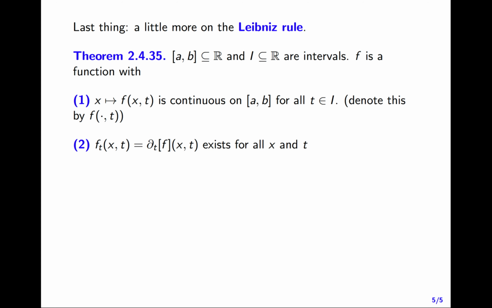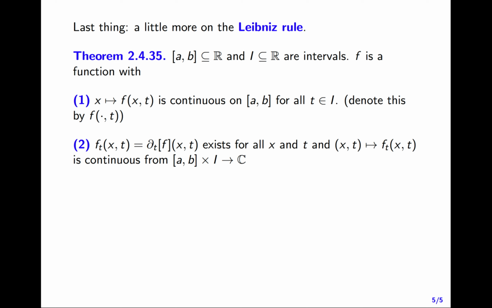And the partial derivative, f_t(x,t), or partial t on f at (x,t), this exists for all x and t. And the mapping of (x,t) going to this partial derivative f_t(x,t) is continuous on the product [a,b] cross I into the complex plane.